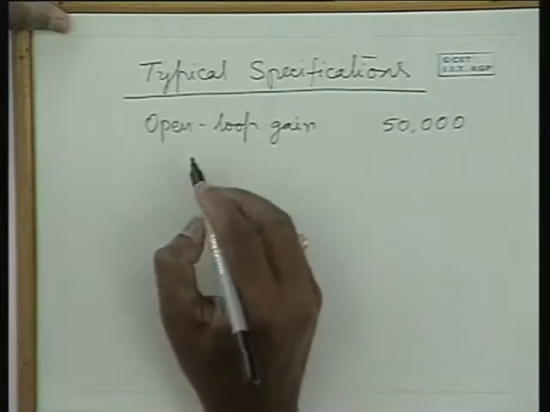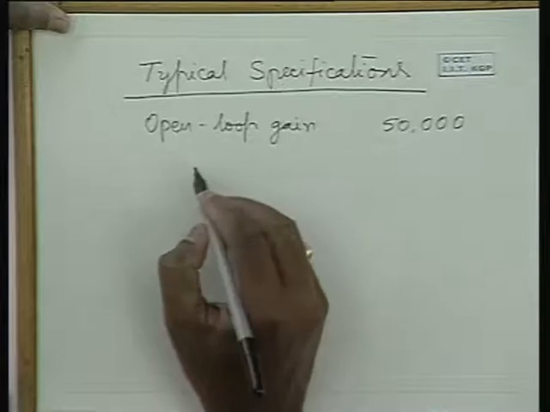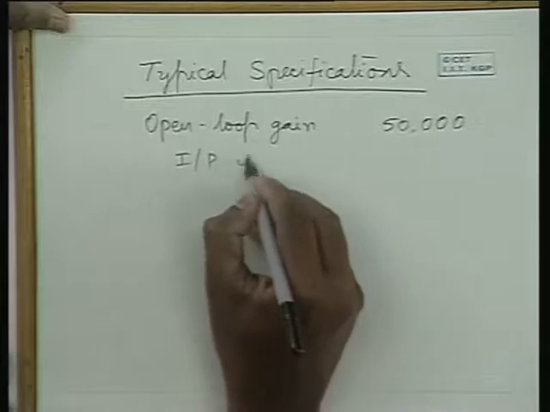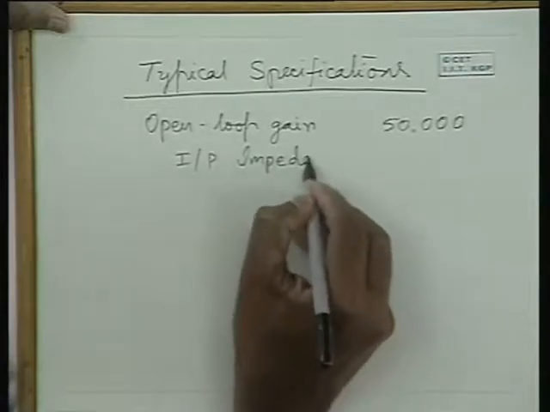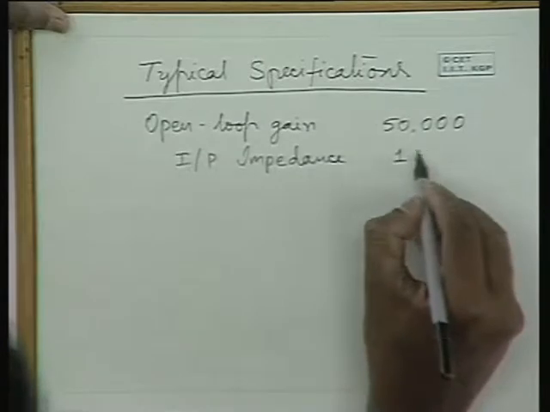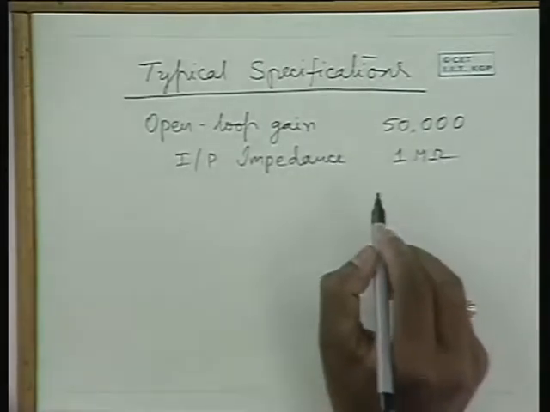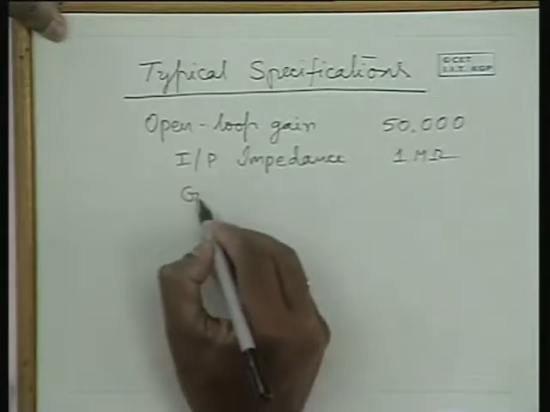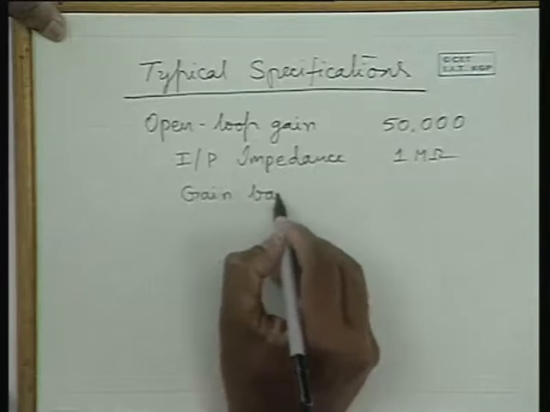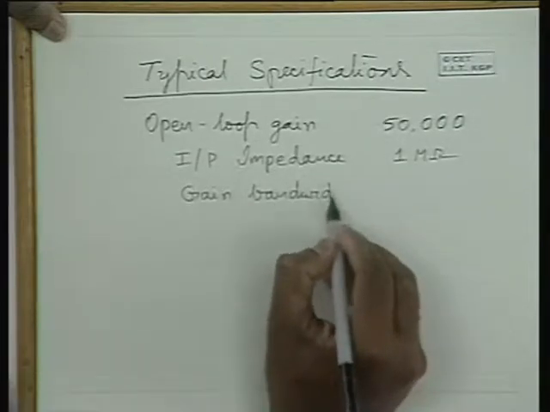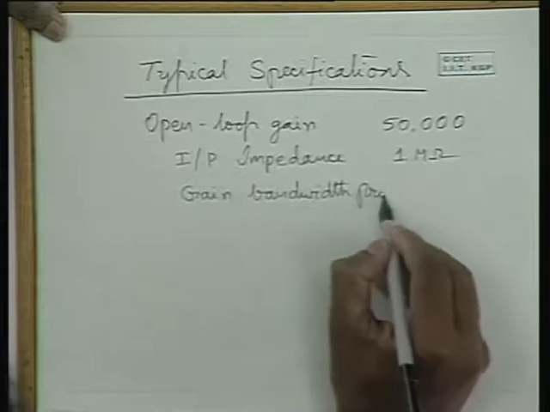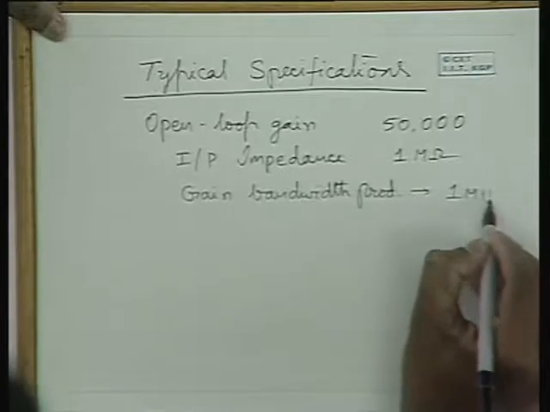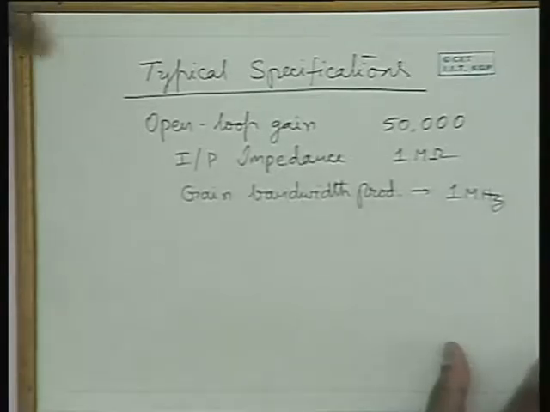Then input impedance, one mega ohm or hundreds of mega ohms. Gain bandwidth product, for example for 741 it is 1 megahertz. I will explain what gain bandwidth product is.